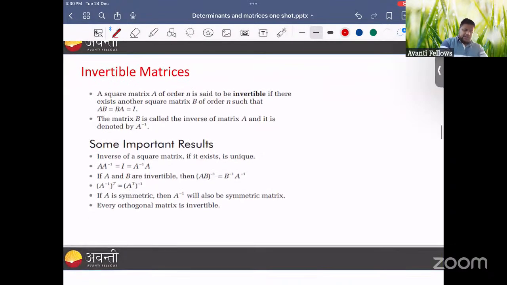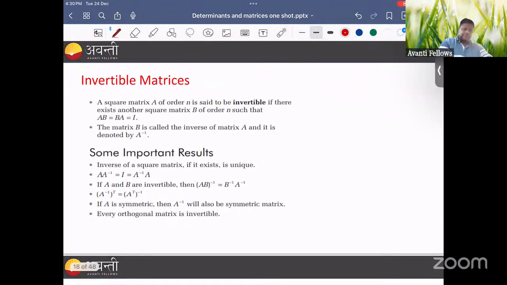Now, invertible matrix. A square matrix A of order n is said to be invertible if there exists another matrix B. See, if product of two matrices, which are compatible for the product, is an identity matrix and they are commuting each other, means AB equals BA, it is an identity matrix.